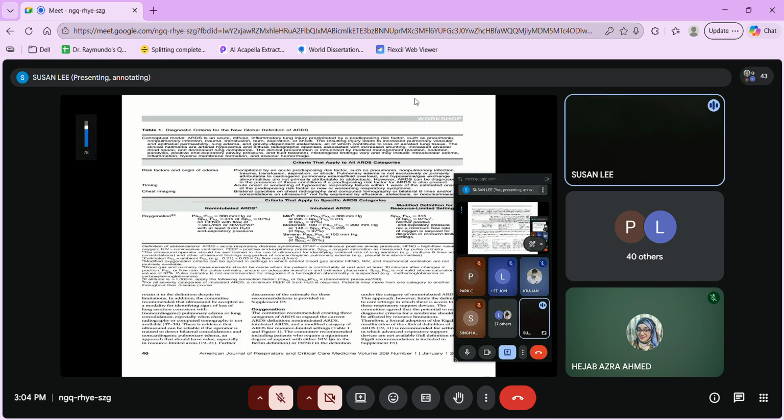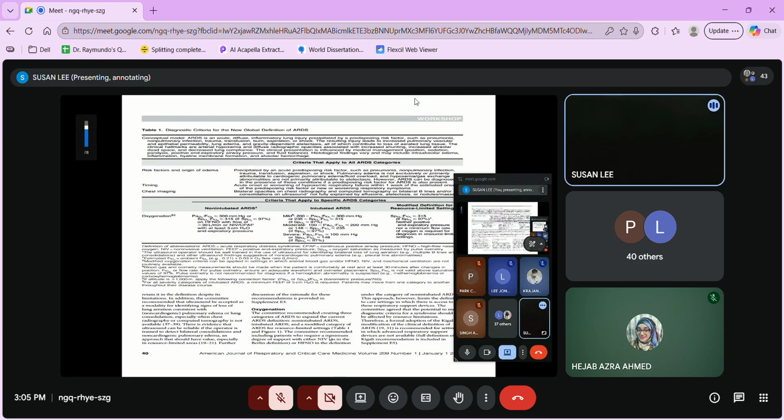Okay. So the criteria for ARDS still hold true with regards to the clinical manifestations, the radiographic infiltrates, and the lung mechanics. The difference here would be the calculation of your PF ratio.